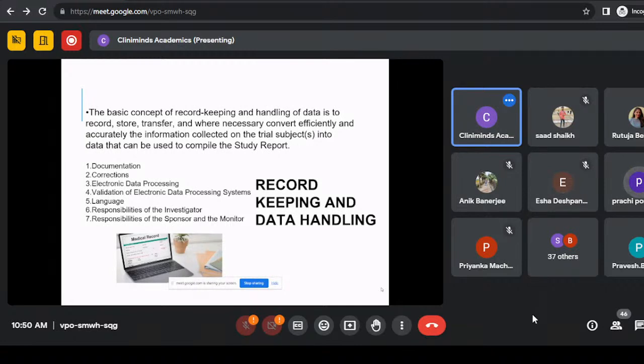Whether the treatment is effective to the patient, that data is also recorded. Reports, routine of a patient. So whatever activities they have to do, it is according to the protocol only, right?